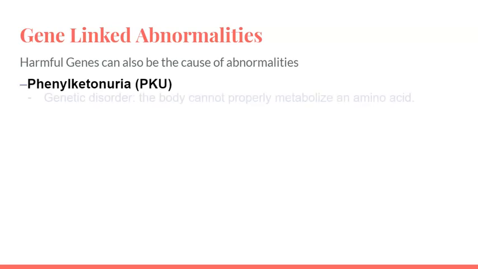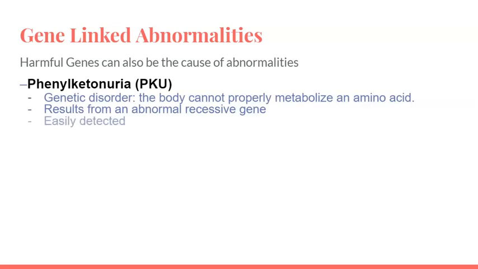There are also gene-linked abnormalities, and harmful genes can be the cause of abnormality. So there can be some genes that are harmful. The first gene-linked abnormality that we're going to talk about is phenylketonuria, in other words, PKU.